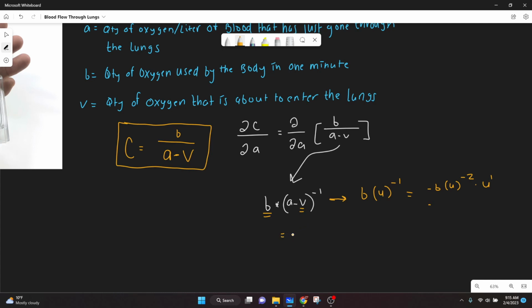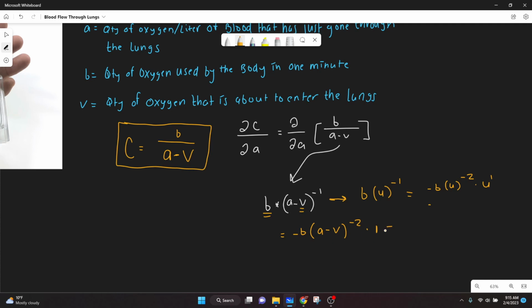This is equal to negative B times A minus V to the negative 2 power, times the derivative of u, which is the derivative of A minus V. V is a constant, so that just goes away, and A just leaves us with 1. So that is times 1.